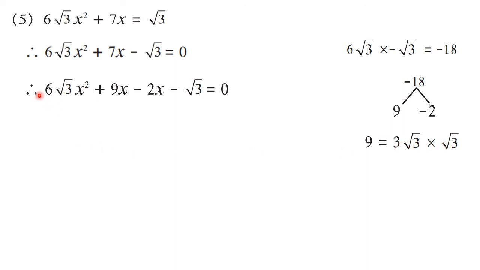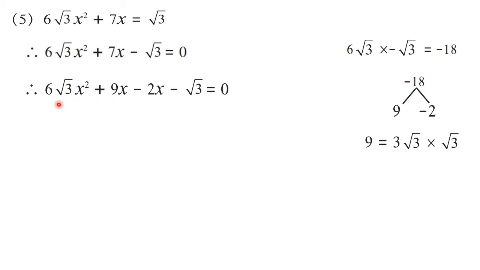And here you can see 6 root 3 is there. So this 6 root 3 we can write as 2 into 3 root 3. So here from this we are going to get 3 root 3 and x. That means 3 root 3x is common in these two terms, in the first group.